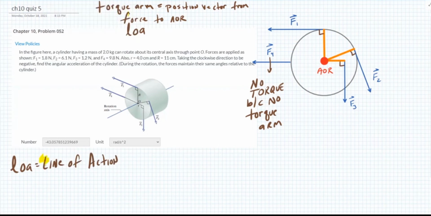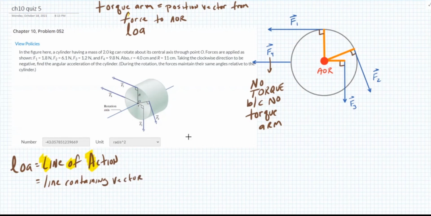LOA means line of action. And it's basically the line that contains the vector. So in the case of F4, here's the line containing the vector.